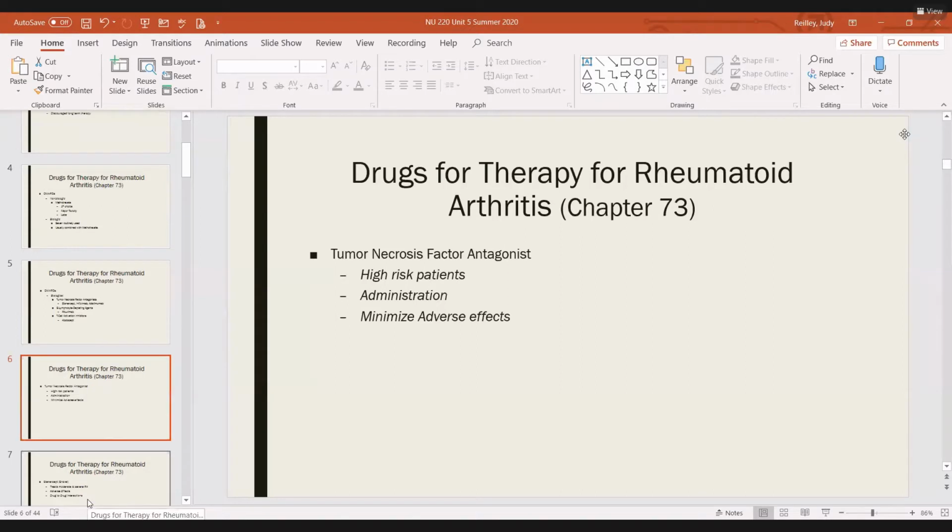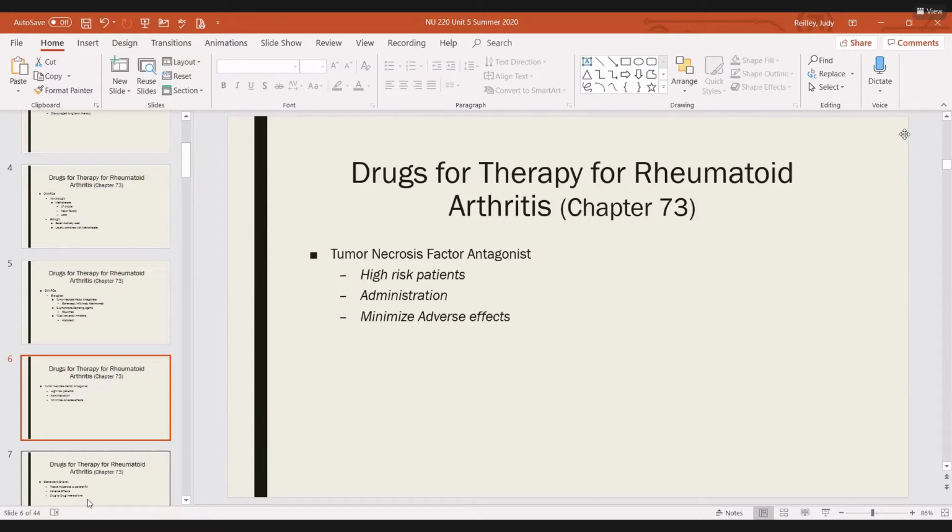It's given IV or sub-Q, so you're going to teach your patients how to give sub-Q medication, and teach them about infection, because when they start to have signs and symptoms of infection, they may need to stop taking this medication.